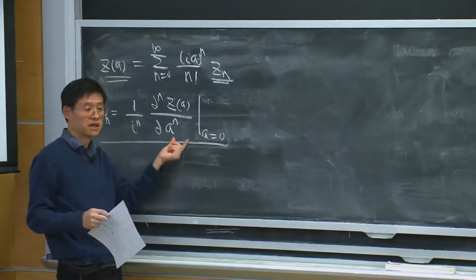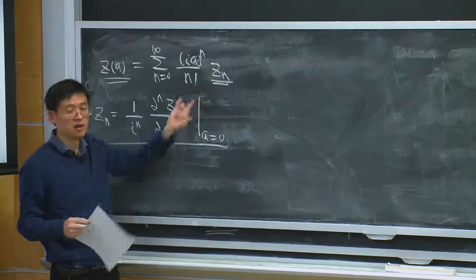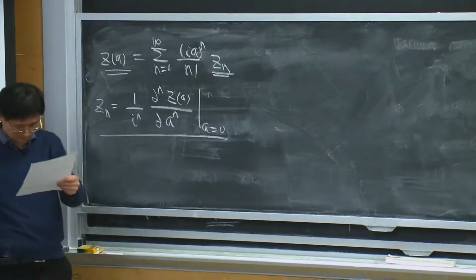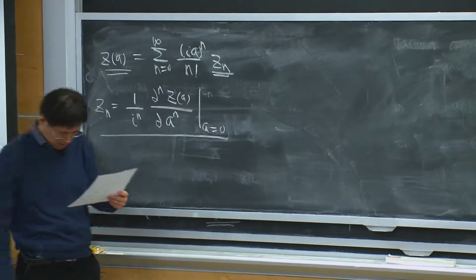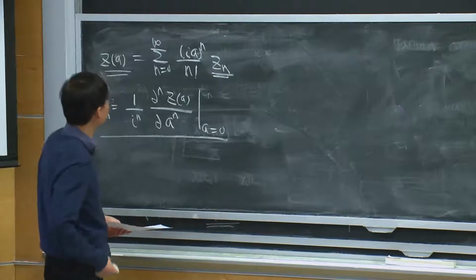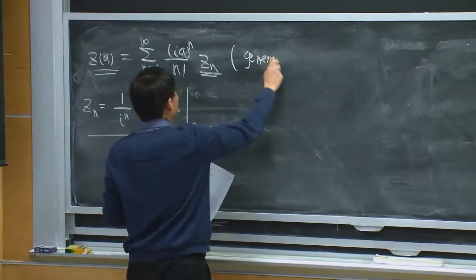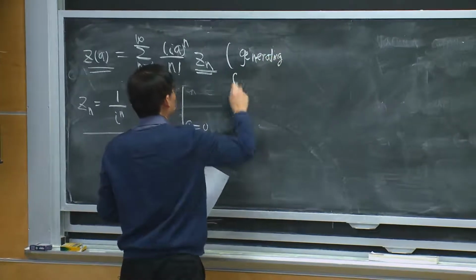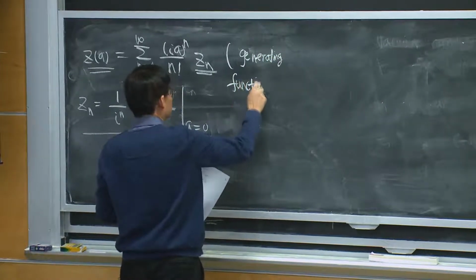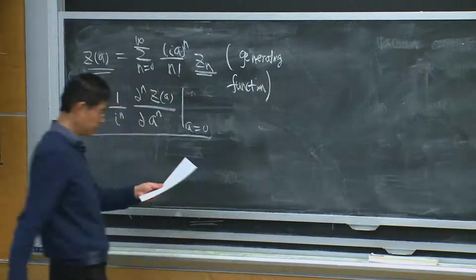And that just picks out the Z_n term. So this Z of A is called the generating function.